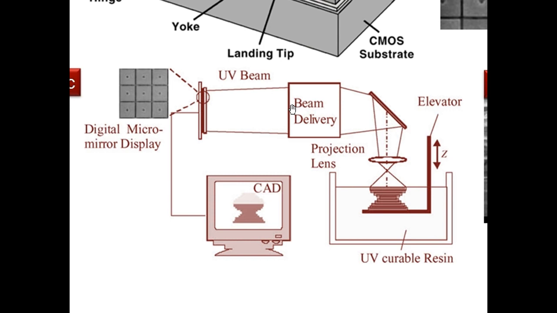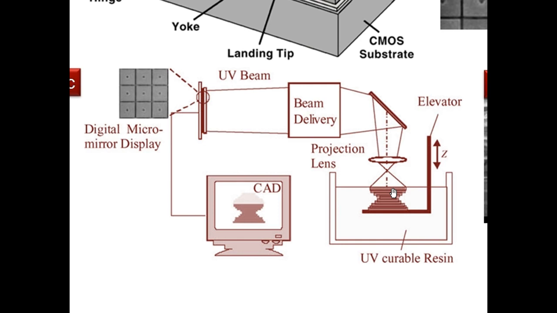So you're basically projecting a light pattern, much like this projector is projecting on our board up there. You're projecting an ultraviolet light pattern into the system. This goes into a mirror and a projection lens, and that projection lens projects that pattern onto an ultraviolet curable resin. This resin is like a liquid, like a UV curable glue.